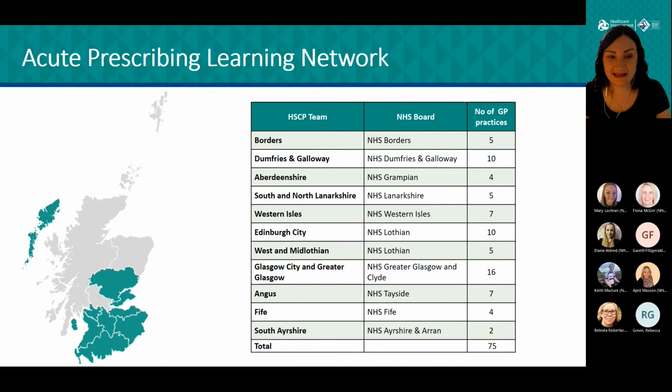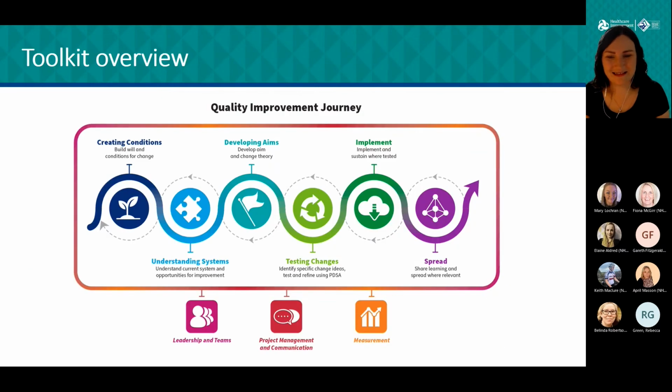So then if we can go to the next slide, I'm just going to give you a bit of information about how to navigate the toolkit. So as Rebecca said, it's built around the steps of the quality improvement journey, and designed so that you can work through the toolkit stage by stage, and it will guide you through those steps and taking a systematic approach to your project.